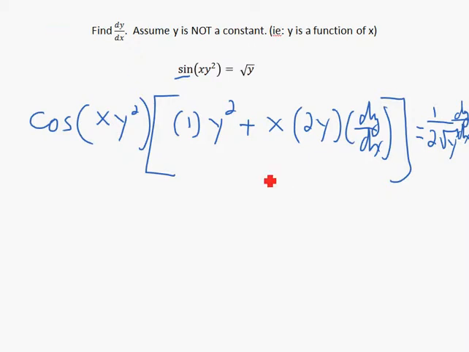So now, anytime you do implicit differentiation and you've got a lot of multiplication, all these parentheses, you want to simplify it first before you try to solve for dy/dx.